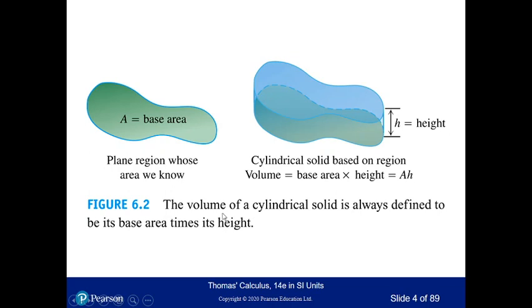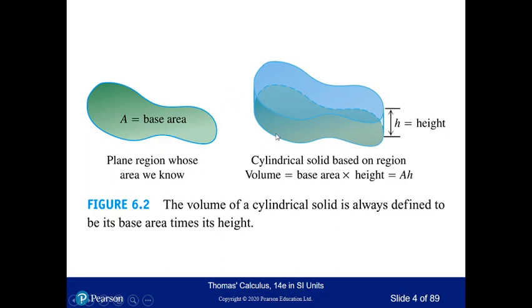So let's remember how to find the volume of any object. For the regular solids that we know of, for example, a cube is a regular solid, a cylinder is a regular solid, and for these types of regular solids, the volume is base area times height. And for the irregular solids, it's the same. For example, in this picture you are seeing a solid which is kind of cylindrical.